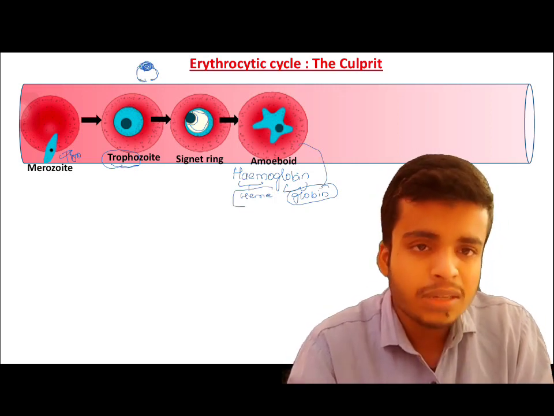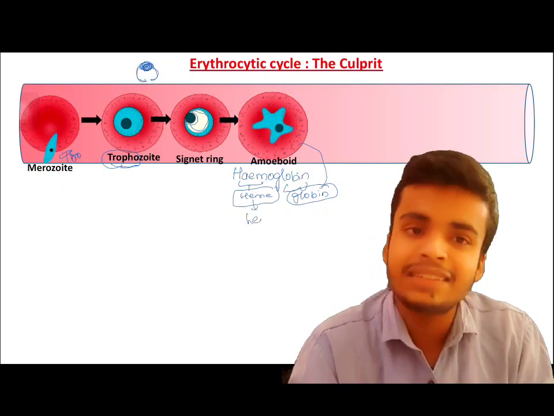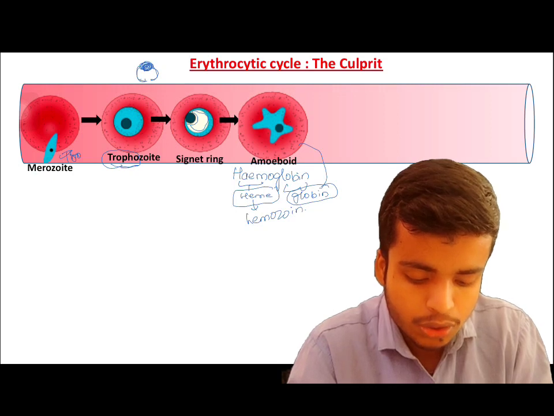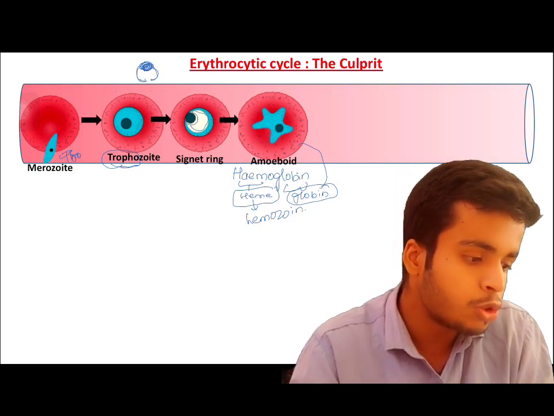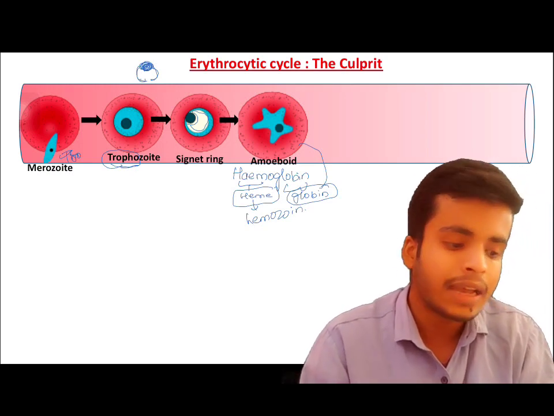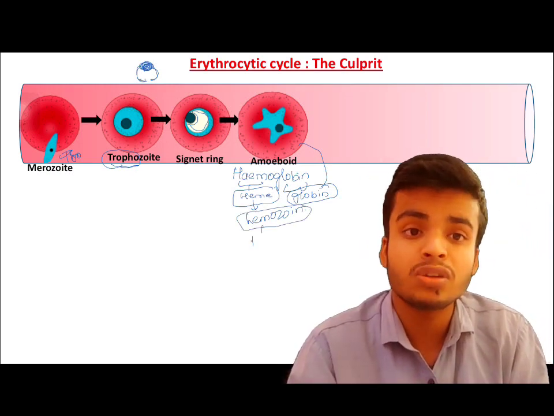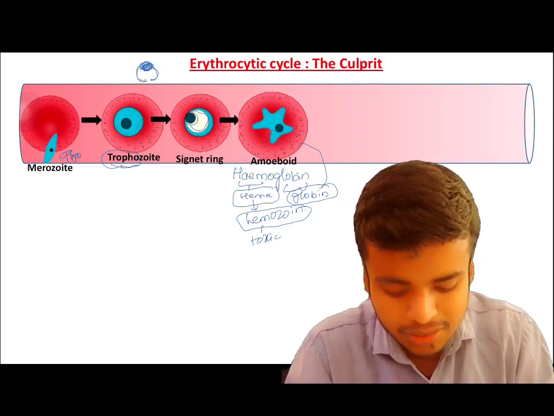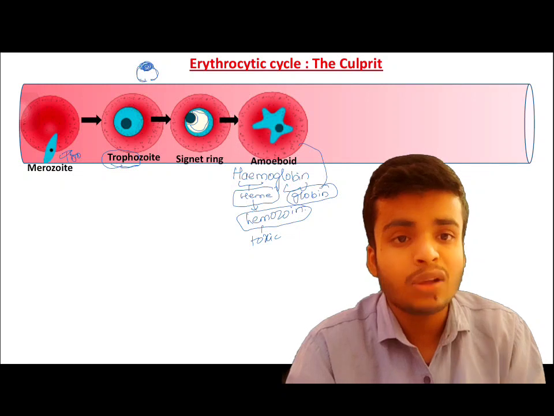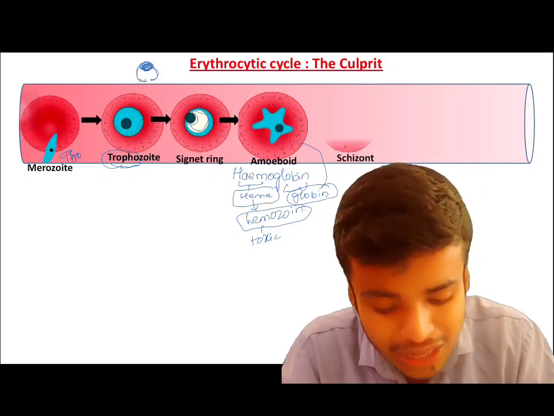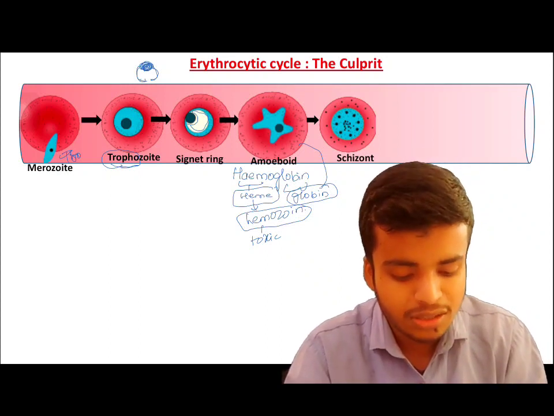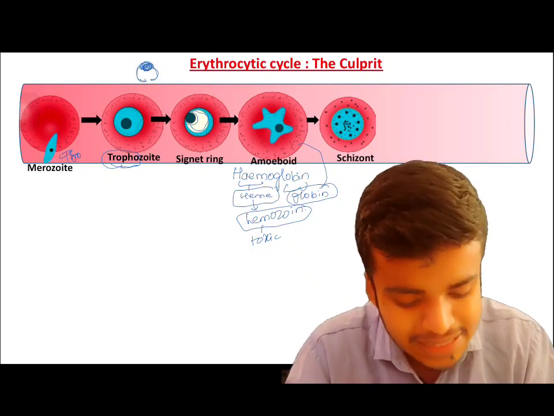The parasite Plasmodium is able to digest the globin, but the heme gets converted into hemozoin. This is the undigestible part, and that is why hemozoin is toxic. This toxic substance hemozoin starts to accumulate in the amoeboid stage.